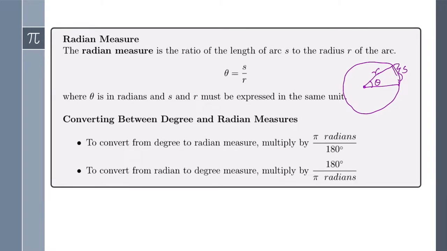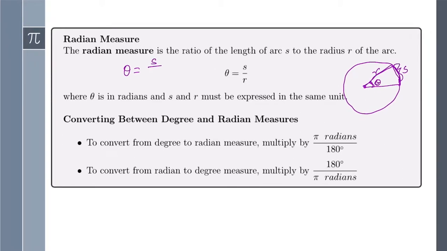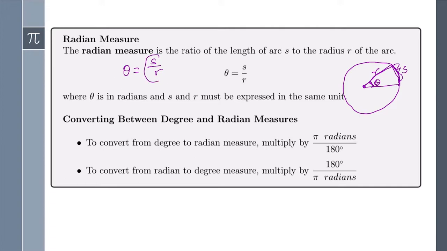So this is the arc that makes the angle theta at the center of that circle. Now this angle theta is measured as the ratio of this arc length subtending that angle at the center divided by the radius of that circle. So this ratio is the measure of that angle, and that's called the radian.